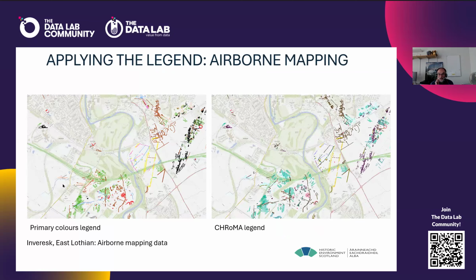So, applying the legend to the data. This is the Inveresk area we were looking at earlier. The primary colors are on the left, and the revised legend, the CHRoMA legend, is applied on the right-hand side. I'm not sure how well that works over a Zoom meeting screen, but hopefully you can see some improvement.